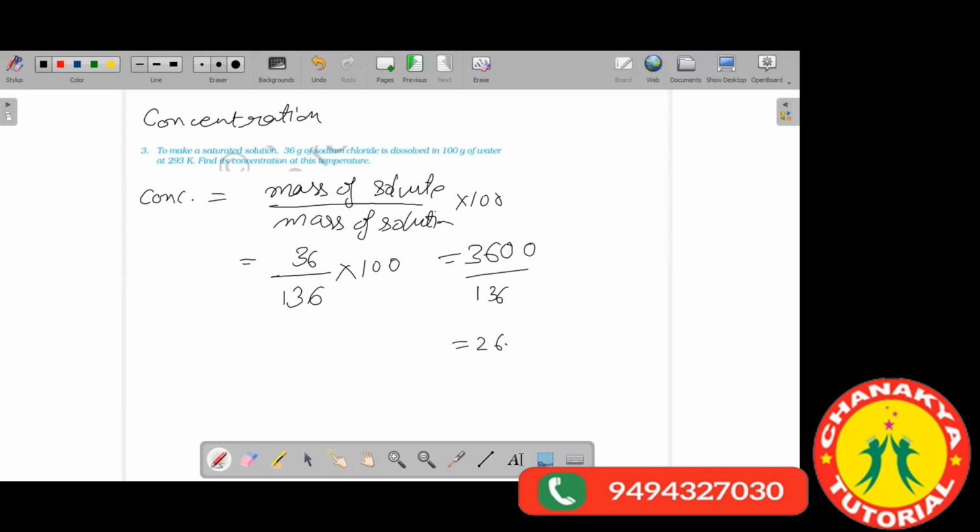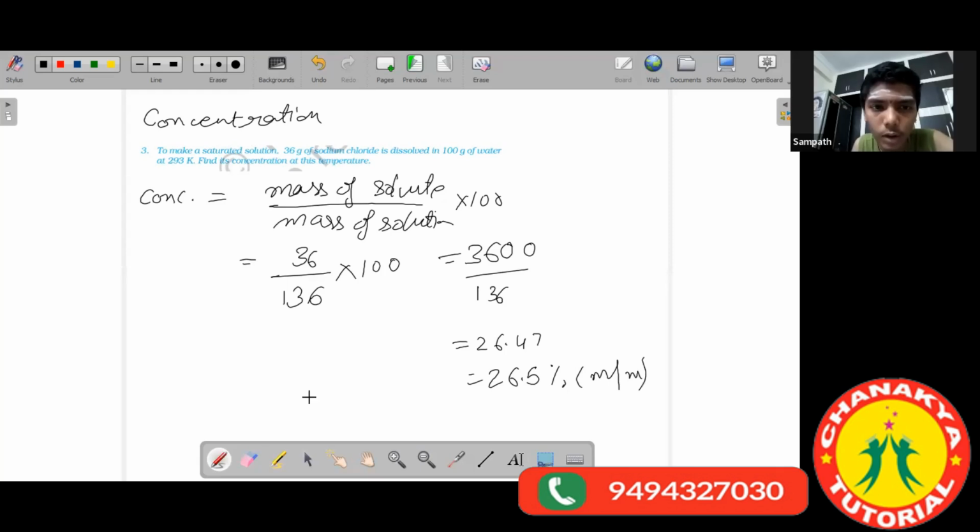This is 26.47, or you can give 26.5%. And you have found out here that this concentration is measured in terms of mass. So we call it mass by mass. 26.5%, you can call it mass by mass percentage.